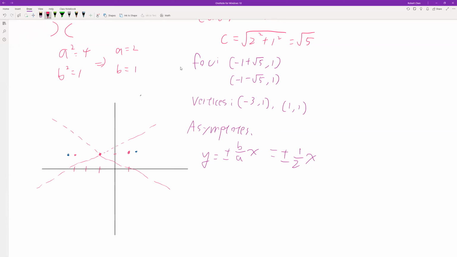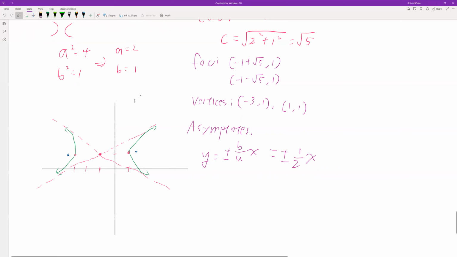Okay, that'll be your asymptotes. And then to complete the graph, you just start with the vertices and graph a curve in each direction within the asymptotes. Okay, again, not the best graph, that's really bad, but it's gonna look something like this.